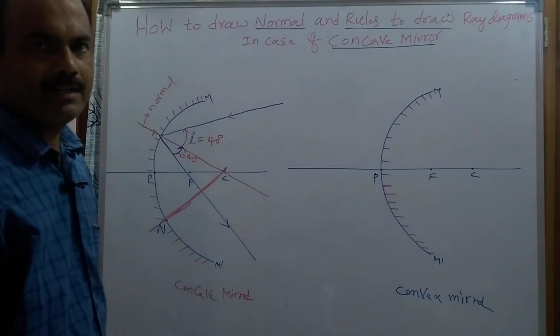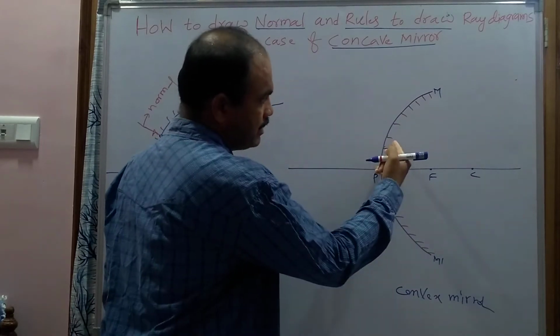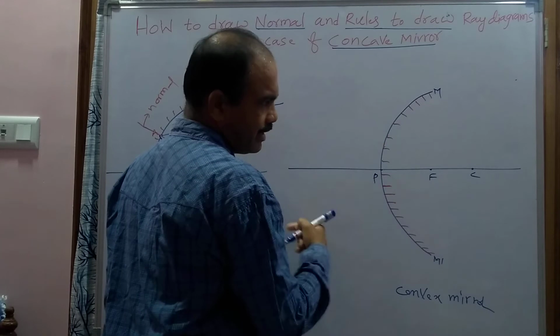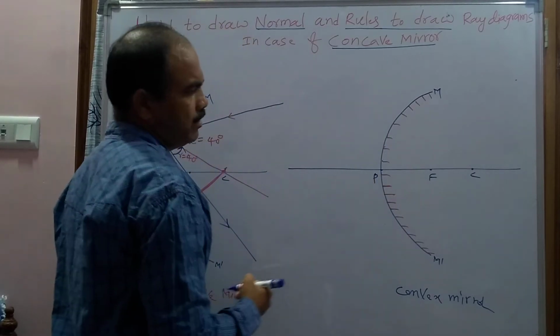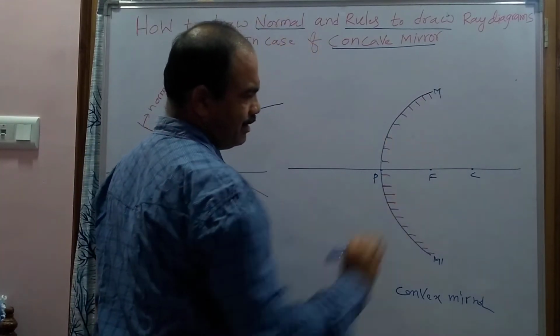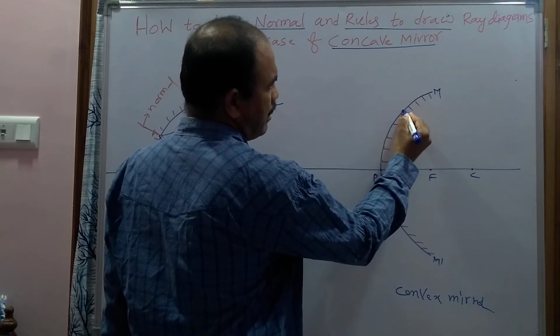So on which side is the light reflected? On the reflecting side. This is the reflecting surface; the outer surface is the reflecting one, and the inner is coated with an opaque substance. So to draw the normal at a point on the convex mirror, take that point. For example, I want to draw the normal at this point.